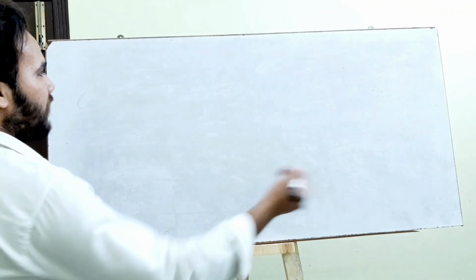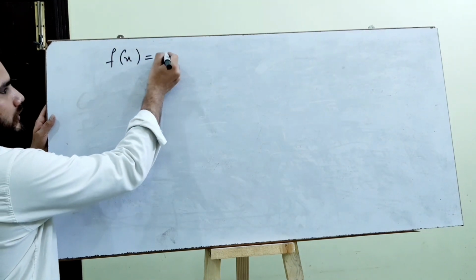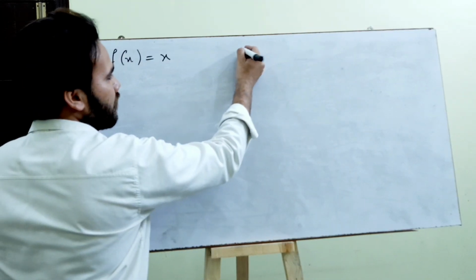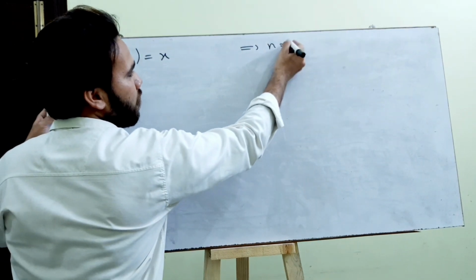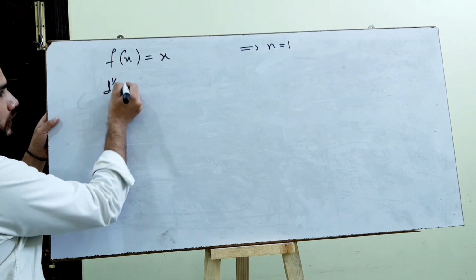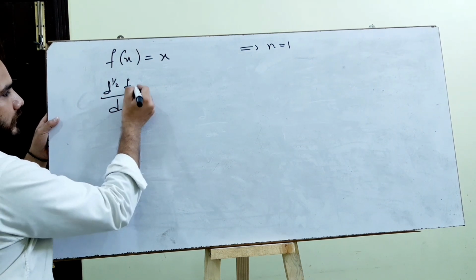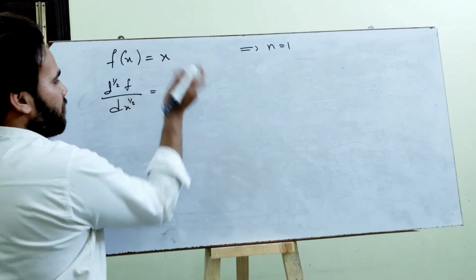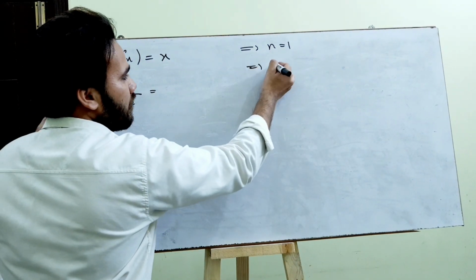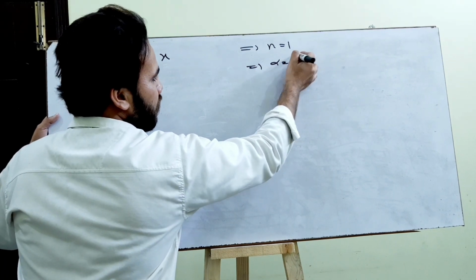So guys, we have one particular example. Let f of x equal x. It means here n equals 1, and I am interested in finding the half derivative of this function with respect to x. Alpha is 1/2 here.